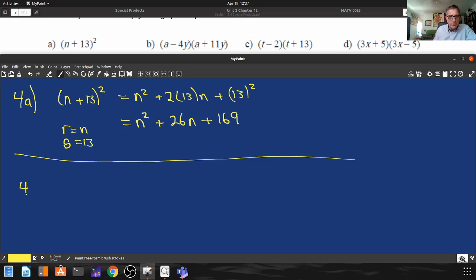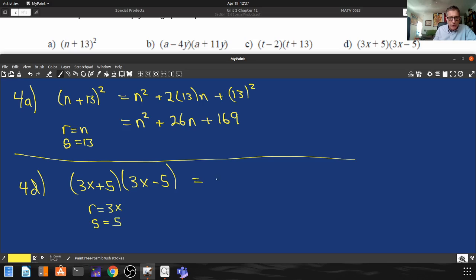So now let's do 4D. That's 3x minus 5 times 3x plus 5. So again, two binomials, and they're identical except the signs are different. My r here will be 3x, and my s will be 5.